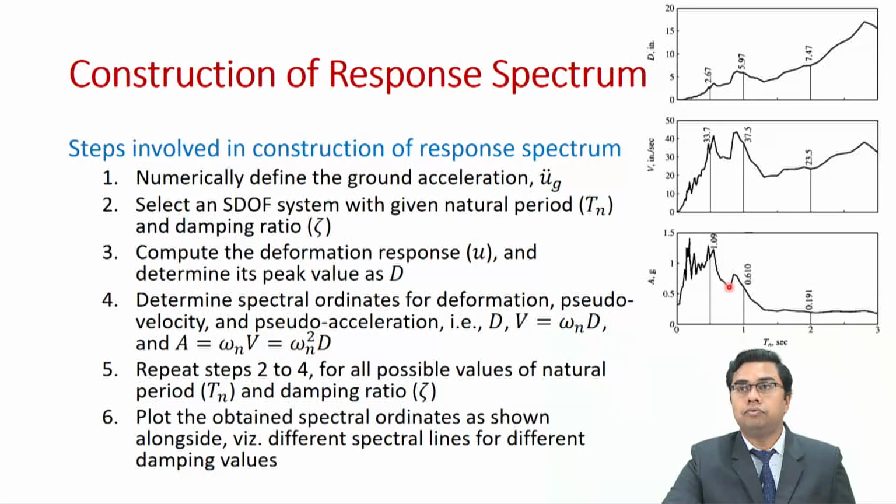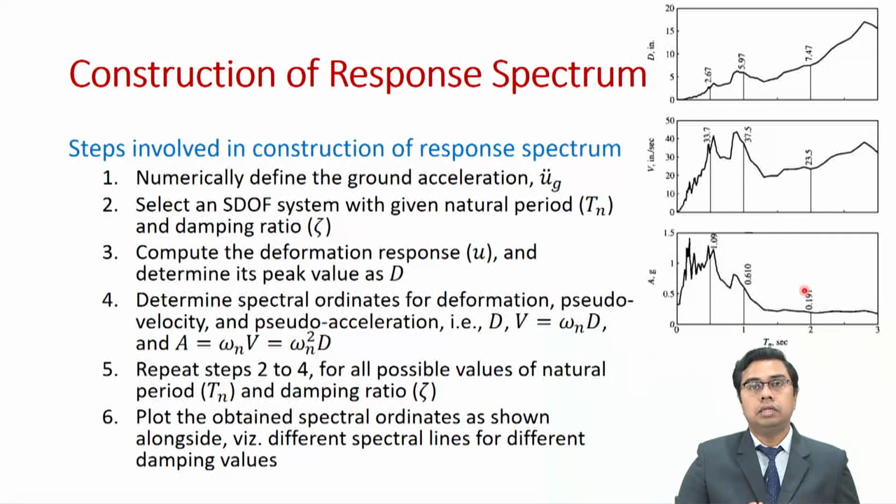In these figures we have shown only one spectral line, which means it represents the variation in natural period, but the damping essentially remains constant for all the systems. Okay. If we have a system with other damping value, it will be represented by a different line on the same plot.